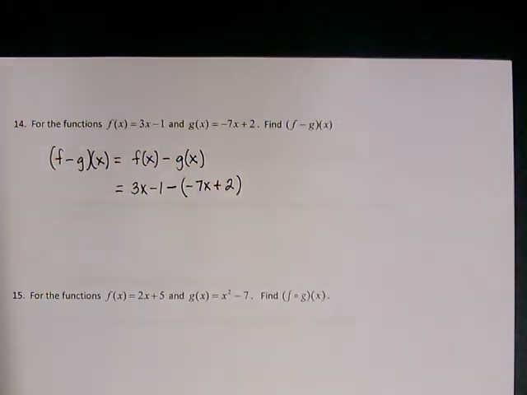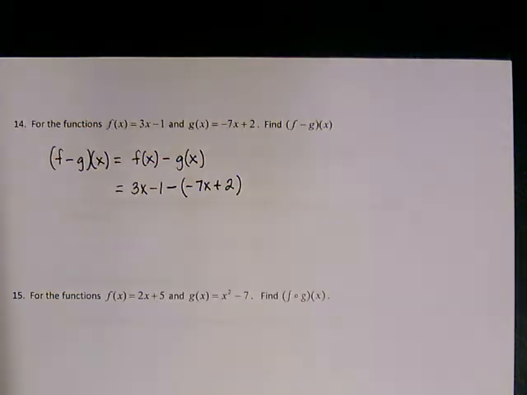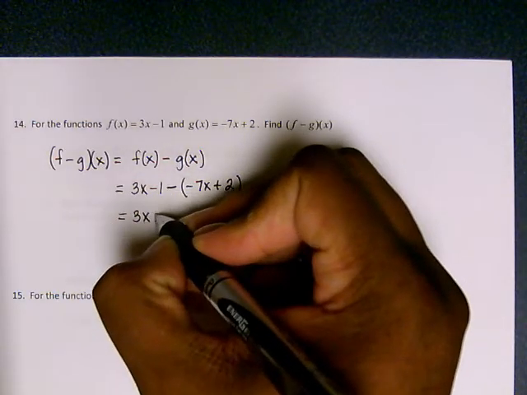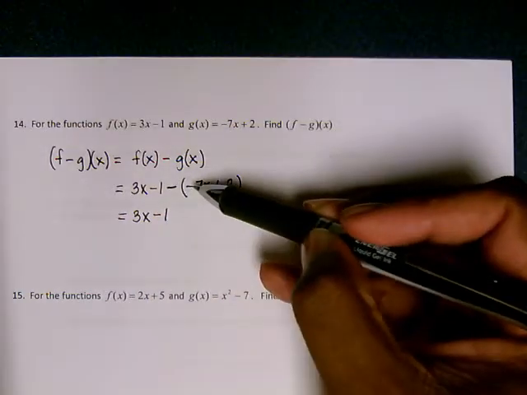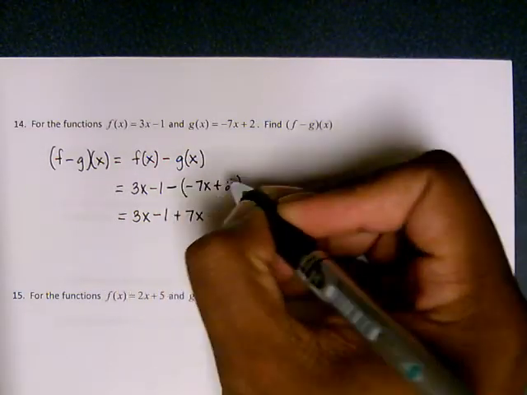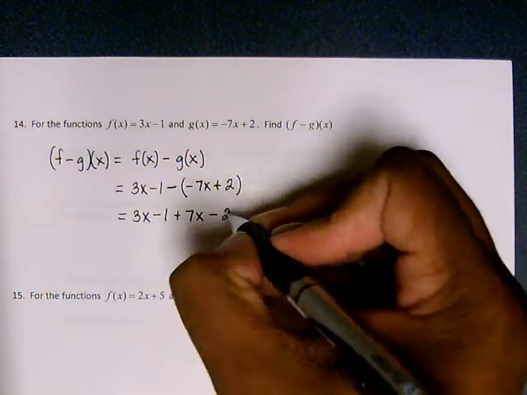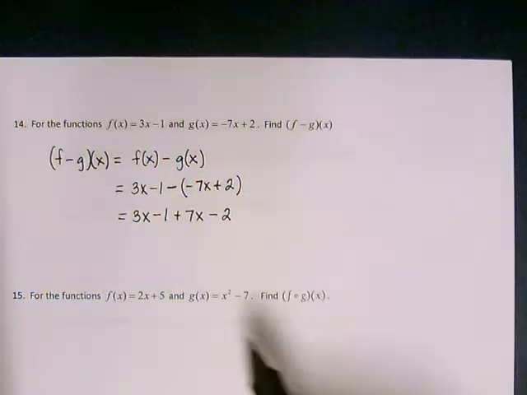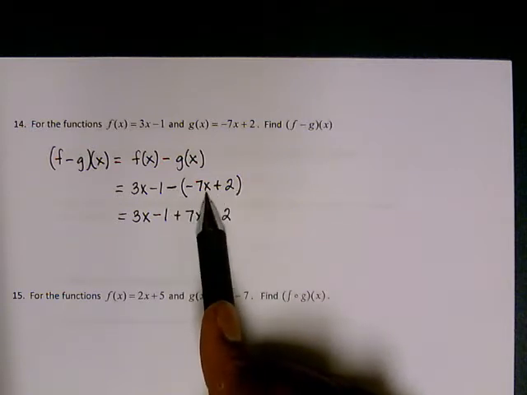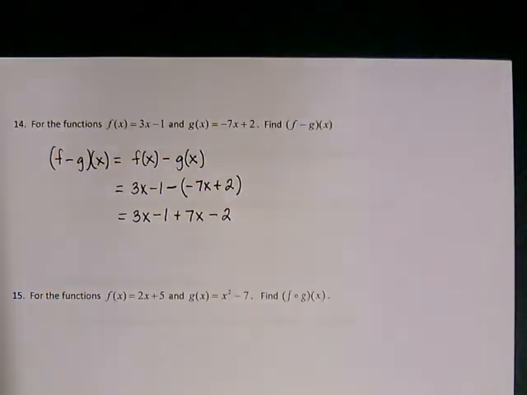So you have to put -7x plus 2 in the parentheses. Now let's simplify this. Bring down the 3x minus 1. Now that minus sign will make the -7x plus 7x. And that minus sign will make the plus 2 minus 2. So here I'm distributing the negative over the -7x and the plus 2.